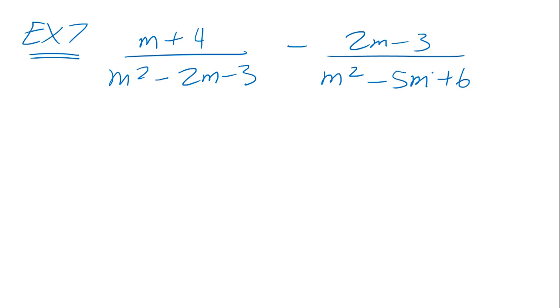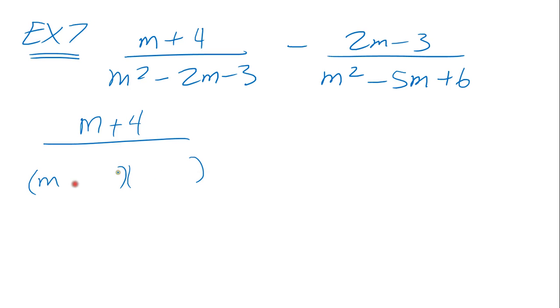Alright, so the same thing. The denominators definitely don't look alike. First thing we want to do is write them as products, so let's go ahead and factor. So we have n plus 4 over, let's see if this factors.